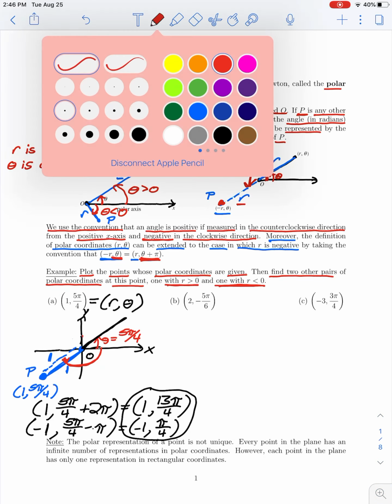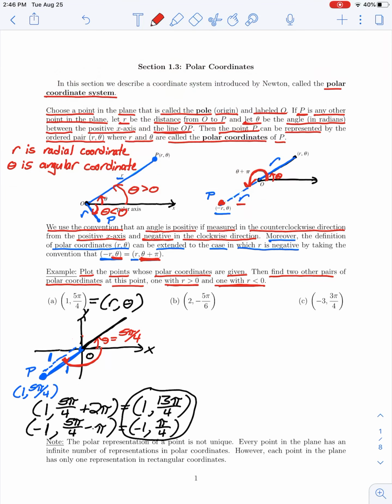So something that we can note from part A of this example is that the polar representation of a point is not unique. So every point in the plane has an infinite number of representations in terms of polar coordinates. However, each point in the plane has only one representation in terms of rectangular coordinates.